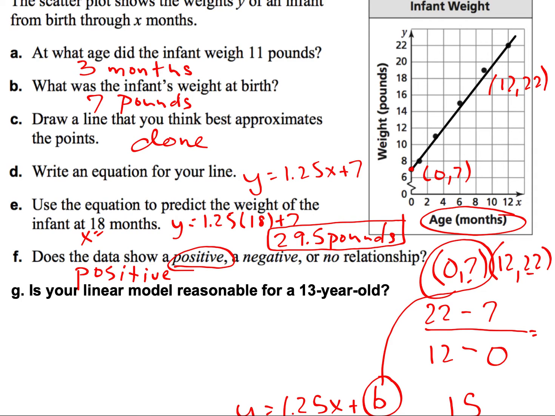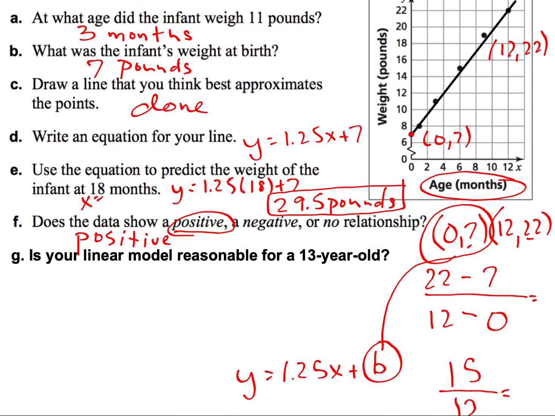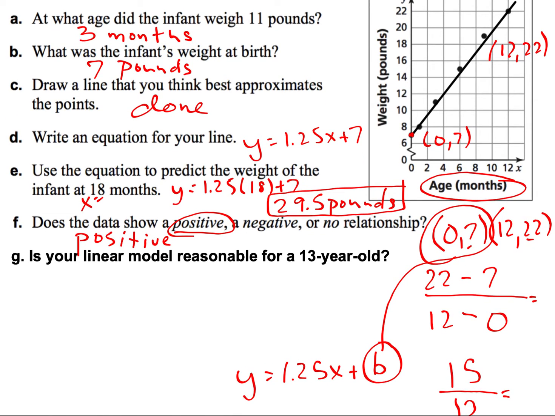Is your linear model reasonable for a 13-year-old? All right, let's think about whether this would work for a 13-year-old. What would be the age in months for a 13-year-old? Well, that's 12 months times 13. So on their 13th birthday, they would be 156 months old.